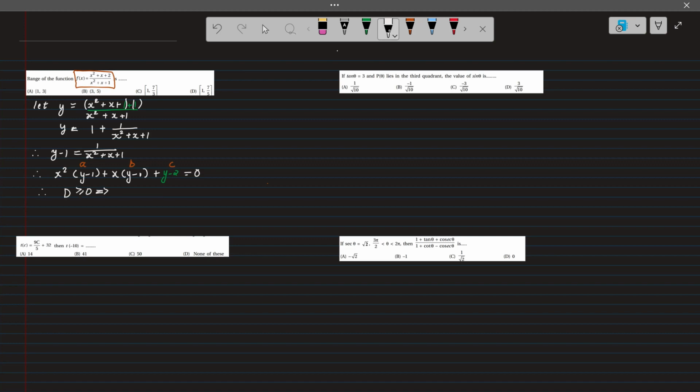So here we will write the discriminant is greater than or equal to 0. Now the value of the discriminant, as we know, is b square minus 4ac. So here we can say y minus 1 whole square, that is our b square, minus 4 times y minus 1 into y minus 2. This should be greater than or equal to 0.